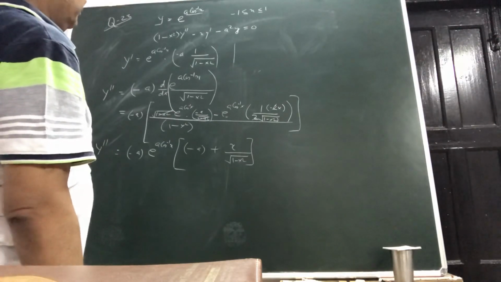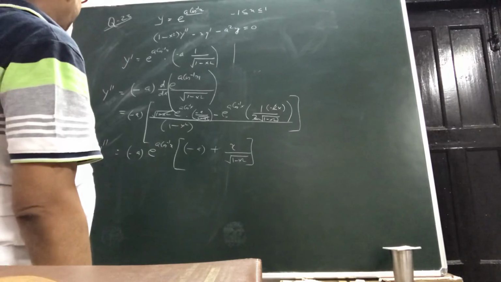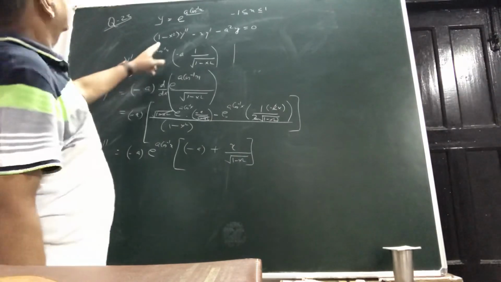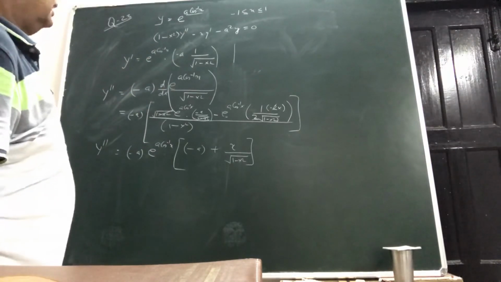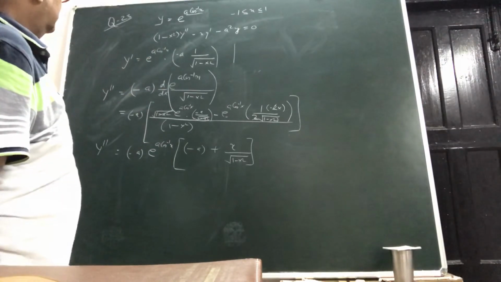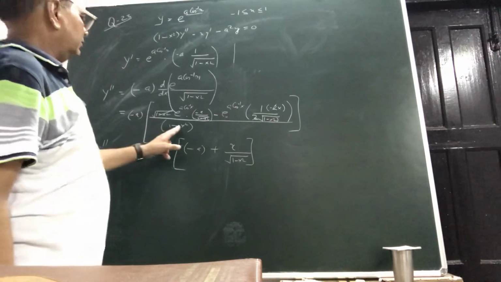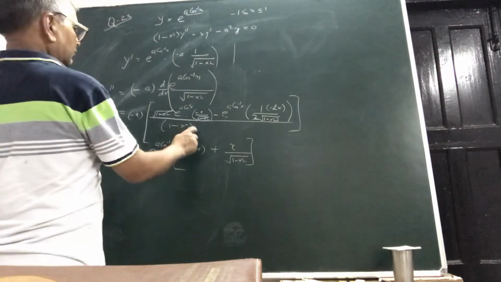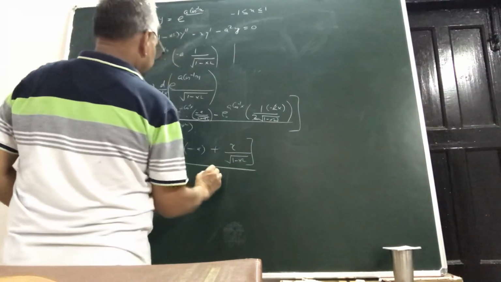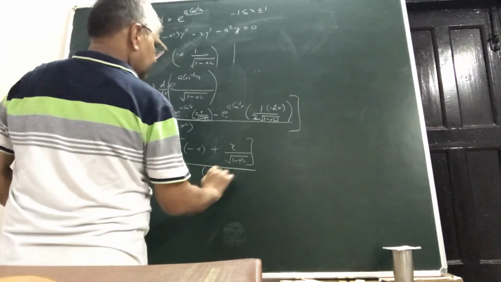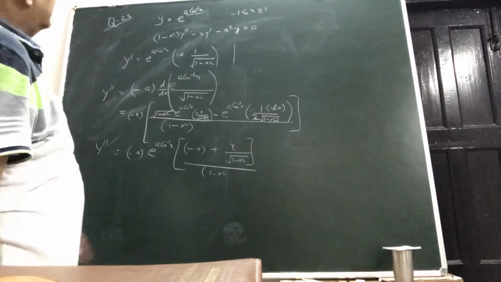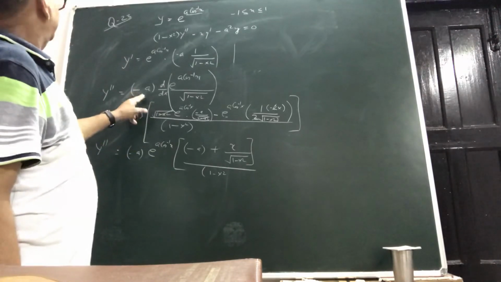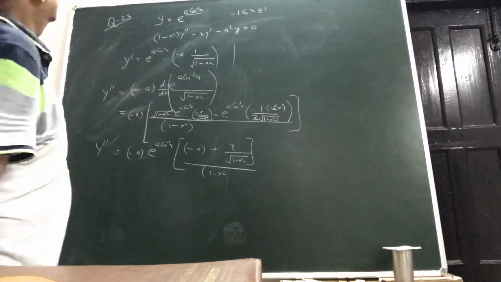And then what you have to show? x y dash, okay. Now let us calculate this value, 1 minus x square y double dash. See, this is also here 1 minus x square, 1 minus x square also coming here, fine, okay. So d by dx a cos inverse x, this minus a is coming from where? It is coming from here, okay.